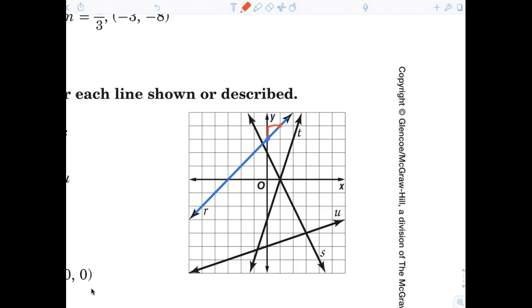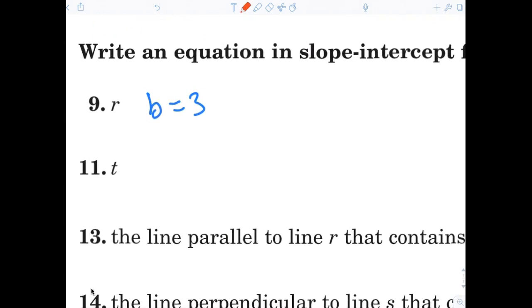Does everybody understand the slope is 1? So we've identified the y-intercept and we have identified the slope. So the equation is y equals 1x plus 3. Exactly. Now let's try to figure out what t is.